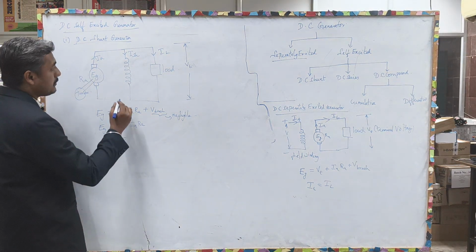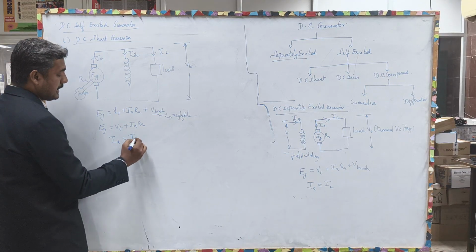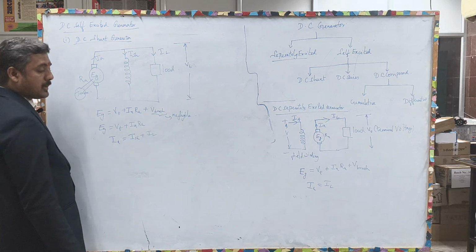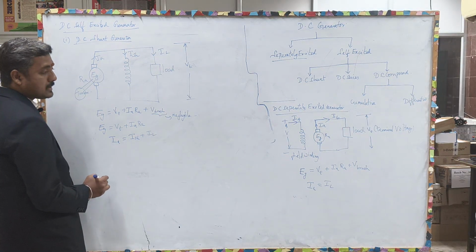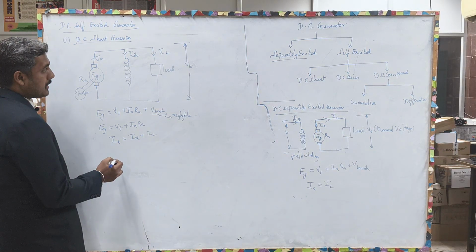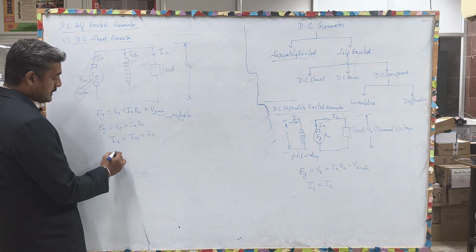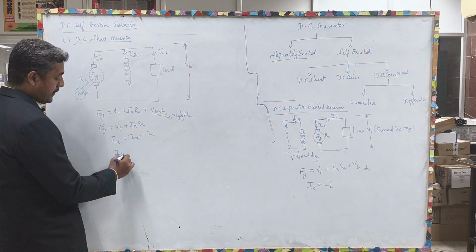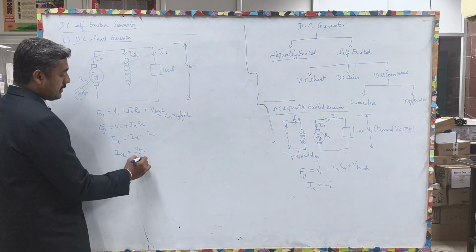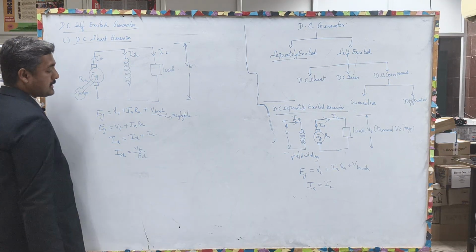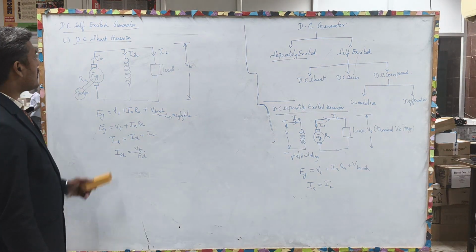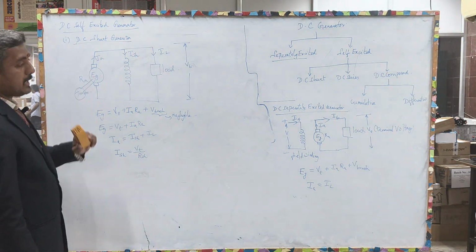IA equal to ISH plus IL. Okay. And what is this ISH? ISH equal to VT divided by RSH. Okay. This is what about the DC shunt generator.